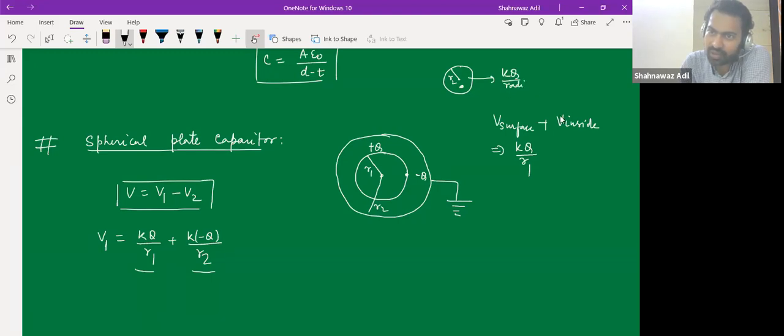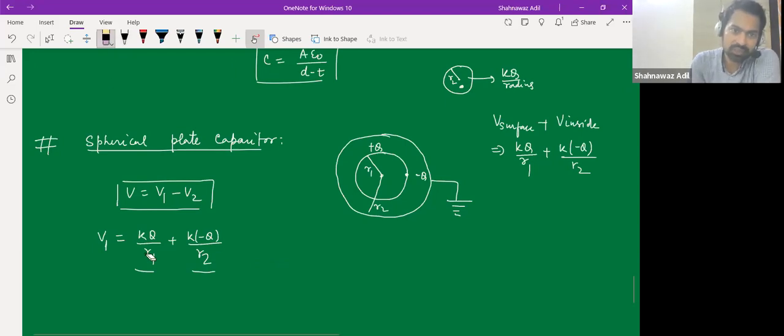So this is KQ by R1 and minus KQ by R. Is this clear, guys?